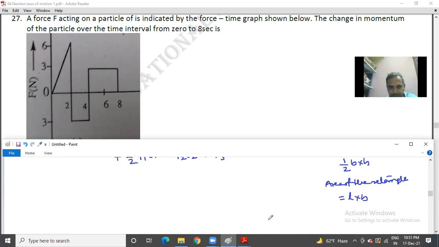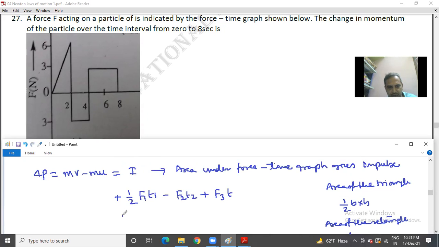Now let us proceed. So it is half into F1, which is 6 newtons. This 6 newtons acts for a time interval of 2 seconds. 0 to 2 seconds means the time gap is 2 seconds. Now F2 is acting, so 3 newtons. This 3 newtons acts for a time interval of 2 seconds, because 4 minus 2, the gap is 2 seconds. Plus F3 T3.